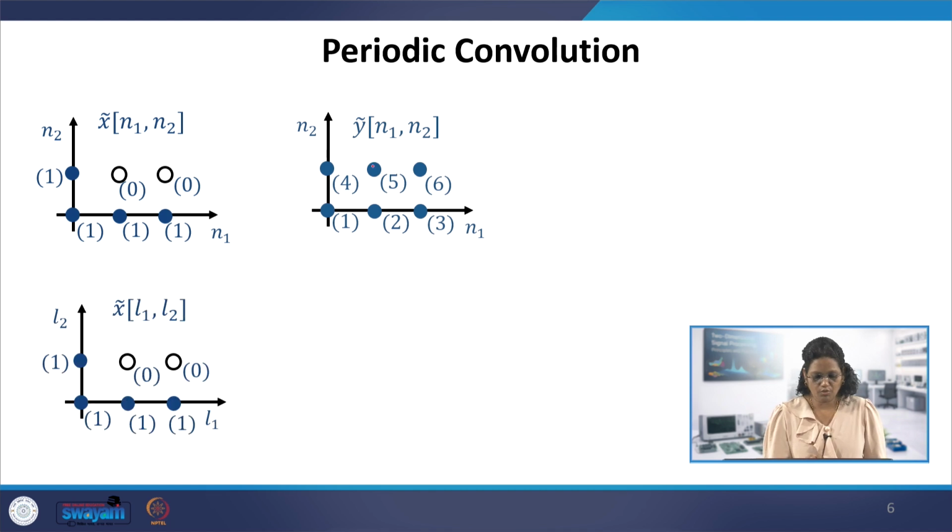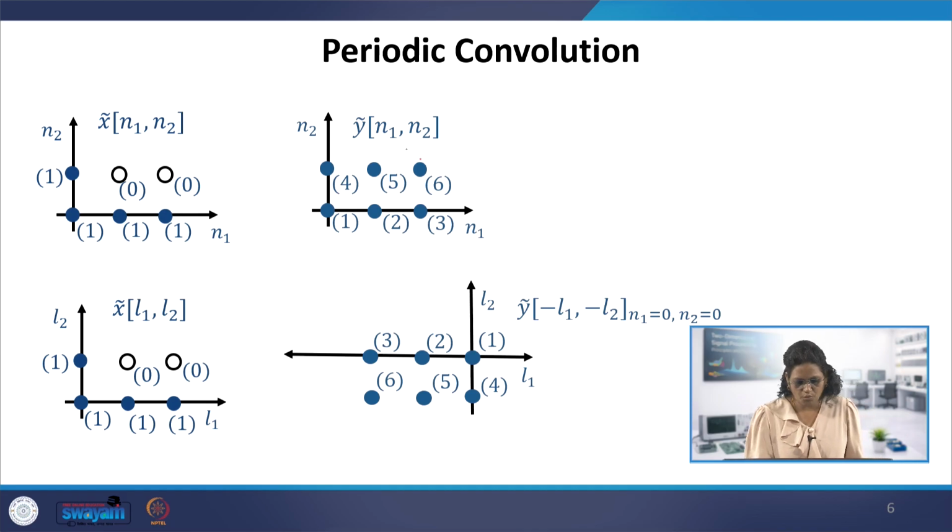Then what should be the procedure to be followed? For periodic or circular convolution, the x tilde will first change the index as we do in linear convolution, n1 to L1 and n2 to L2. These indices are changed, and y tilde also we can make L1 and L2. Then flip it to accommodate in the summation, minus L1 minus L2.